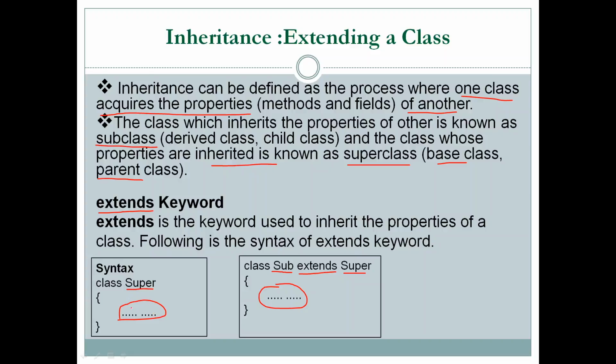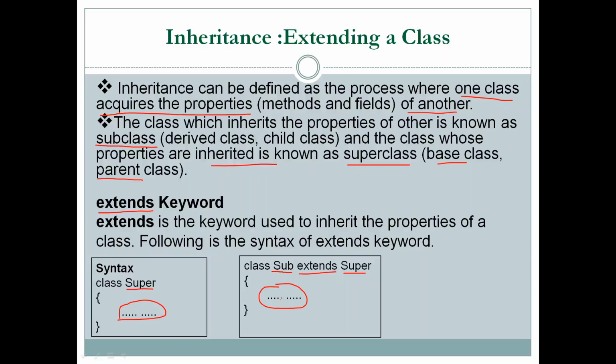But the superclass cannot inherit or cannot have the properties of the subclass. The superclass only has its own properties, because the superclass is not inheriting any other class. But the subclass here is inheriting the superclass. That means it has its own properties, and it is also inheriting the properties of the superclass. So the subclass is saying I am having the properties of the superclass as well.